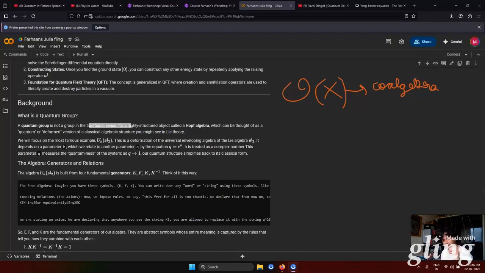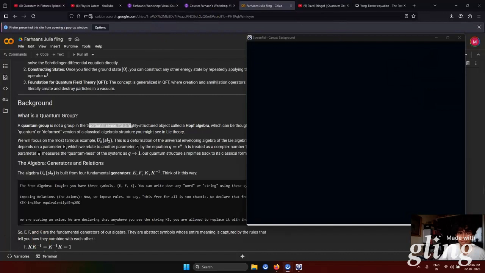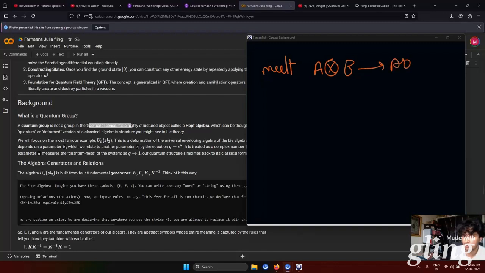So in category theory, suppose you have a concept such as multiplication, which takes two objects A, B and multiplies them into some other object, let's call it AB.